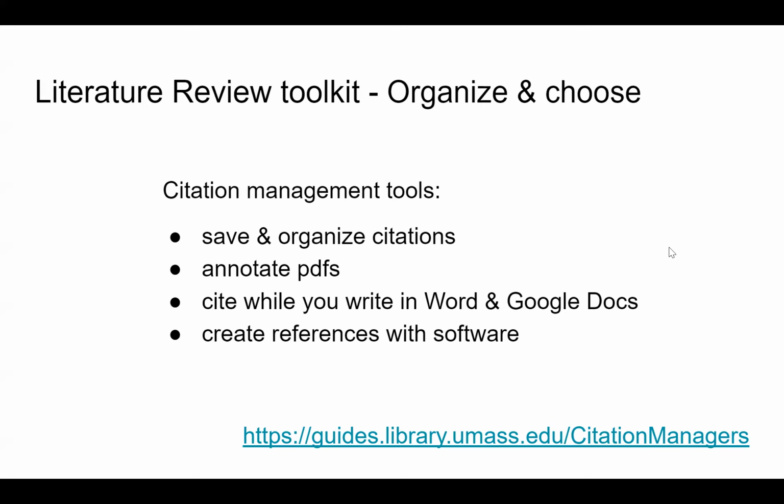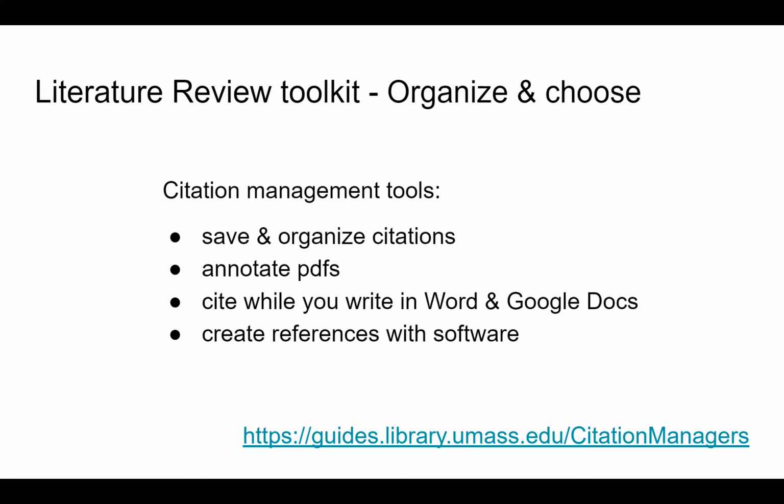There are many citation management tools out there which help you save and organize citations, annotate PDFs, cite while you write in Word and Google Docs, and create references with software. The UMass libraries support 2 citation management tools, Zotero and Mendeley.